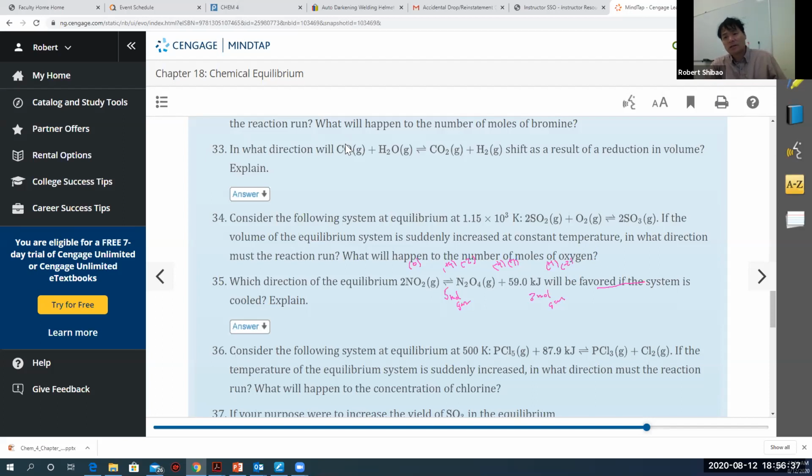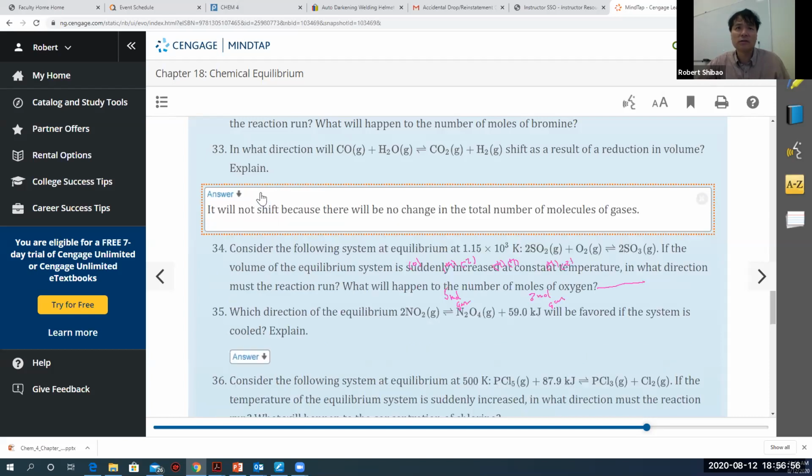High temperature reactions are expensive because you need all the heating equipment to do it, and you need a lot of energy to get the reaction to go. And we have 2 moles of gas on the right. So 2 moles of gas, 2 moles of gas, neither side's favored. There's no shift. It will not shift because both sides have the same number of moles of gas.